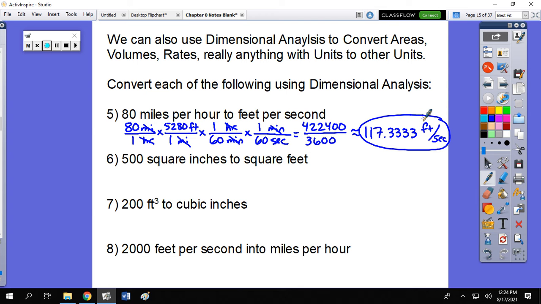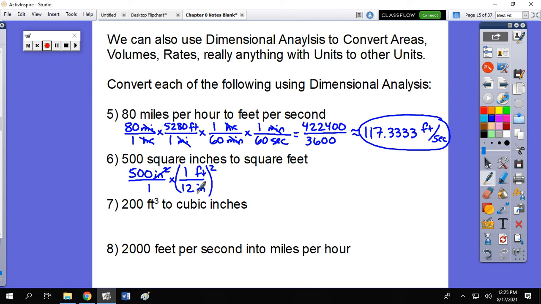Okay, same sort of thing when we deal with area or volume. If we look at 500 square inches, the problem is that when we convert from inches into feet, 1 foot is 12 inches, but inches squared doesn't cancel with inches. So what we have to do is actually square the entire conversion factor.